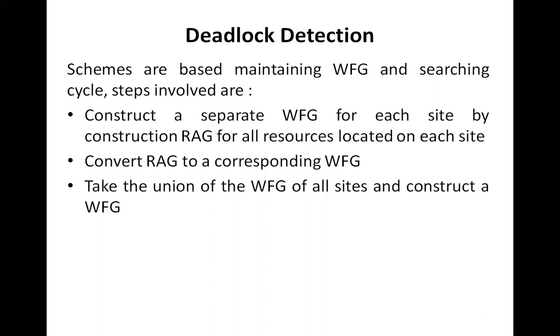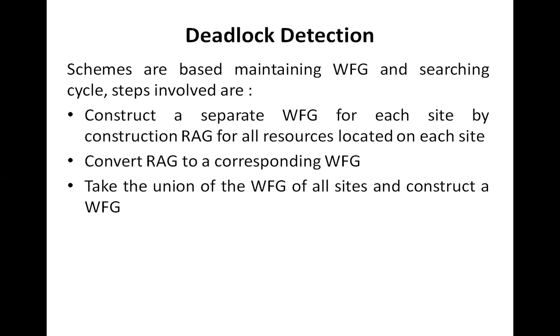Once the resource allocation graph is made, we try to search whether there is a cycle or a knot in that graph or not. If there is a cycle or a knot in that graph, then the system may be in a deadlock state, or it may not be.